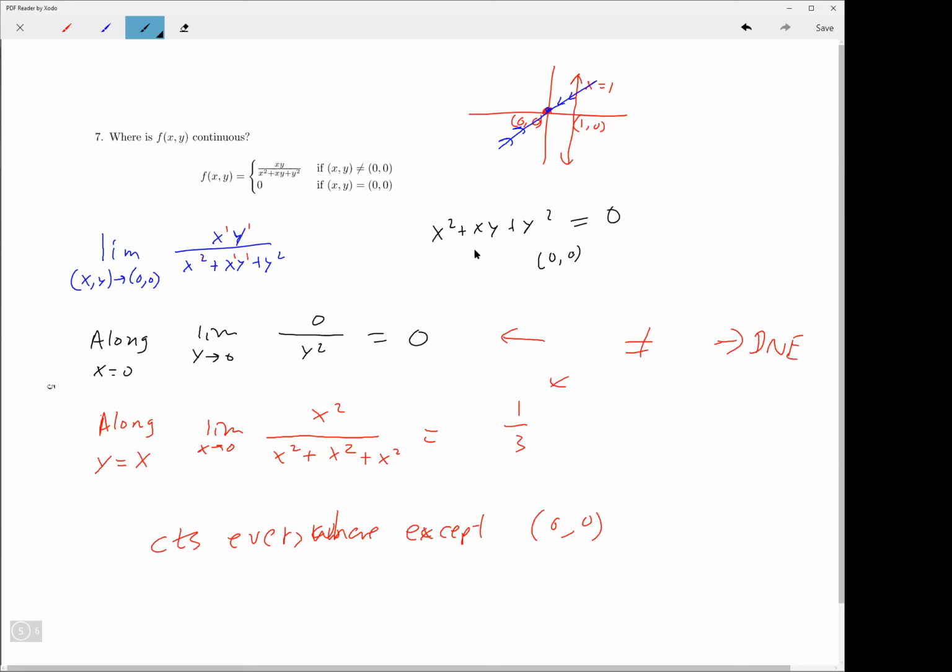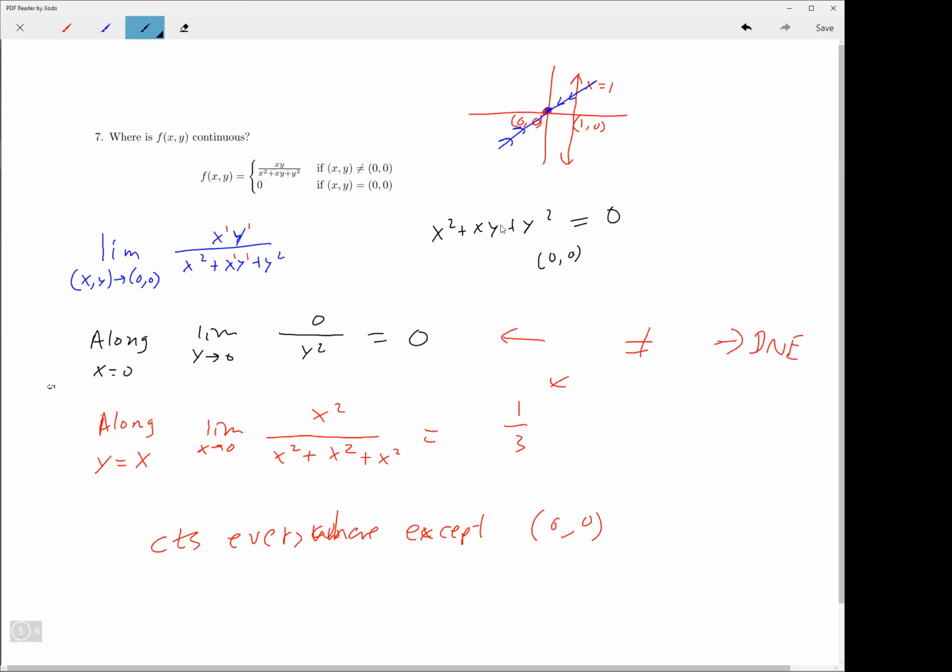Can you guys see that? That's kind of hard to see. But if either of these is negative, then this middle term can be negative, right? If x or y is negative, then the middle term is negative.